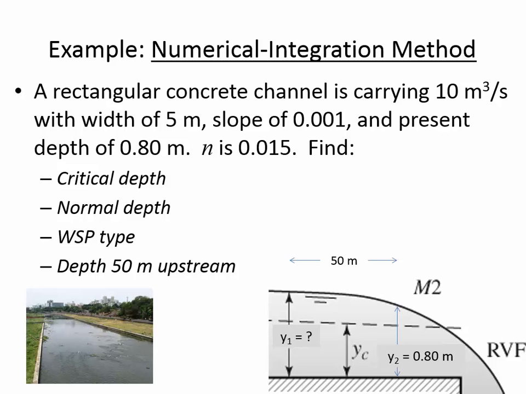10 cubic meters per second. The area is 5 times the normal depth, that's to the 5/3 power. The n value is 0.015. And the wetted perimeter is 5 plus 2 times the normal depth.